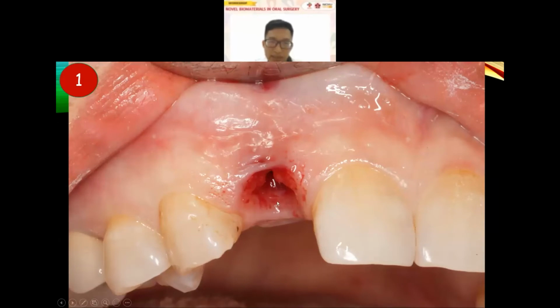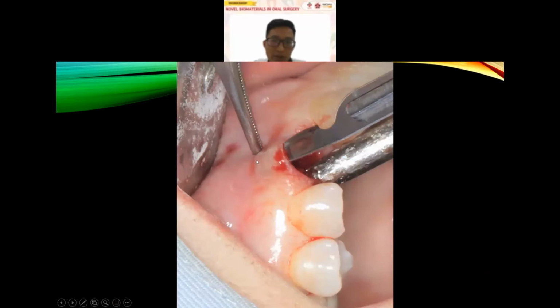In the first case, in the lateral incisor area, you can see that the buccal mucosa is clearly very thin. So my treatment plan is to make a volume augmentation with the pouch flap technique.